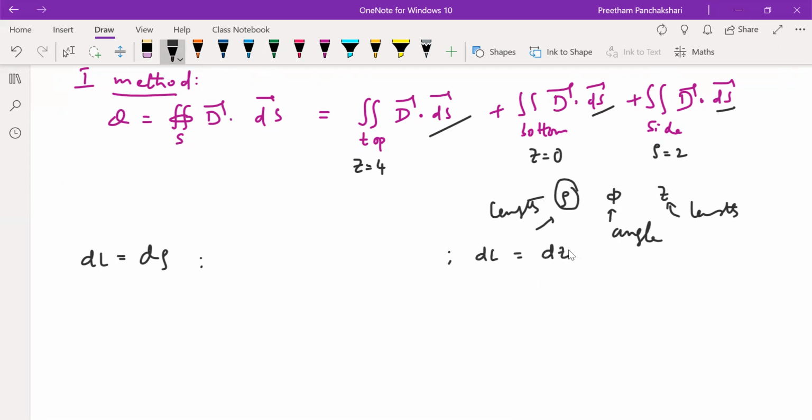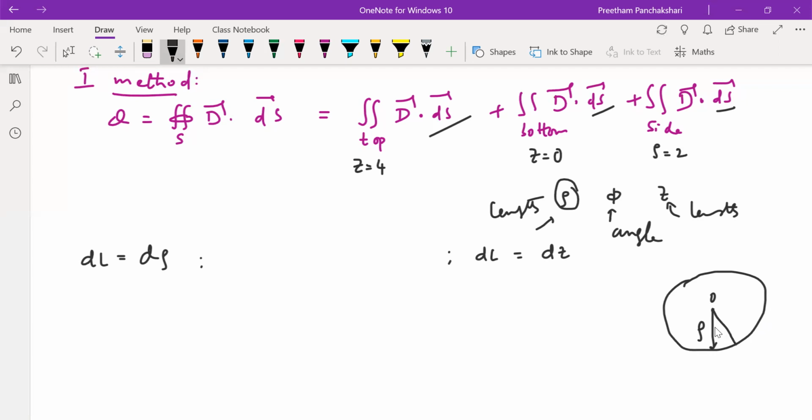That means when rho changes, z changes, we'll get small lengths. But when phi changes, phi is an angle defined with respect to the x-axis. If this is a circular surface, this is the radius.